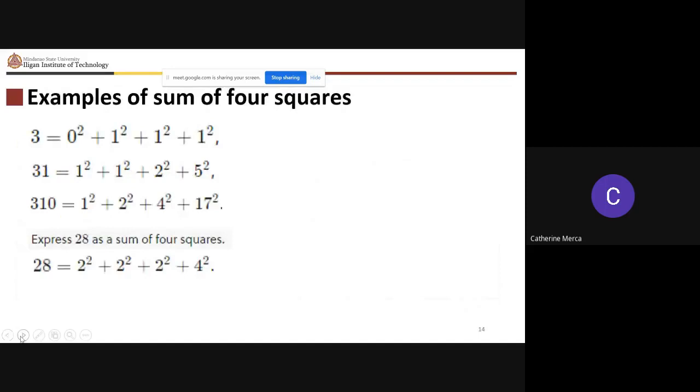Okay, examples. 3 can be rewritten as 0 squared plus 1 squared plus 1 squared plus 1 squared. Ang 31 is 1 squared plus 1 squared plus 2 squared plus 5 squared. Ang 310 is 1 squared plus 2 squared plus 4 squared plus 17 squared. So you can express any positive integer as a sum of four squares.